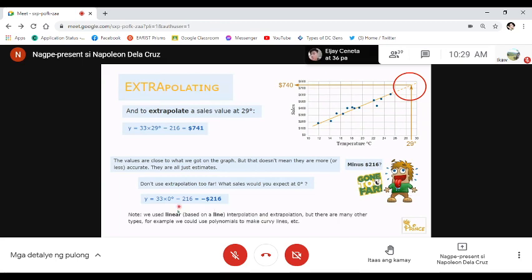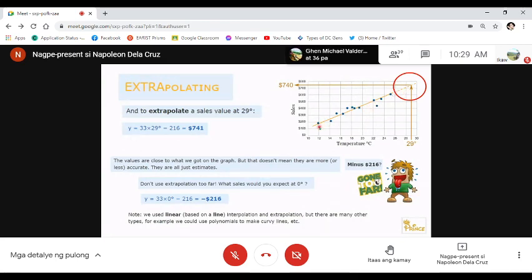Okay? We use linear based on a line, okay, interpolation and extrapolation. But there are many other types. For example, we could use polynomials to make curvy lines. Sabi ko yan sa inyo, no?